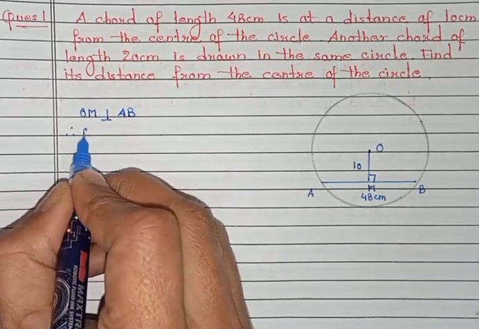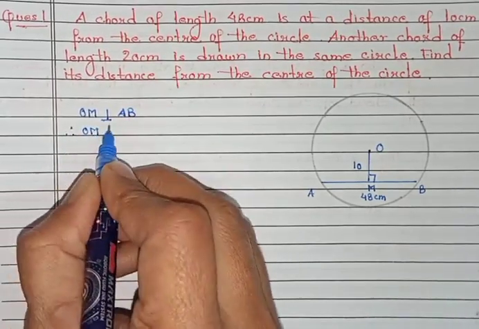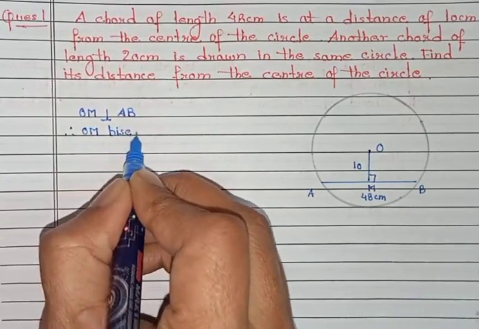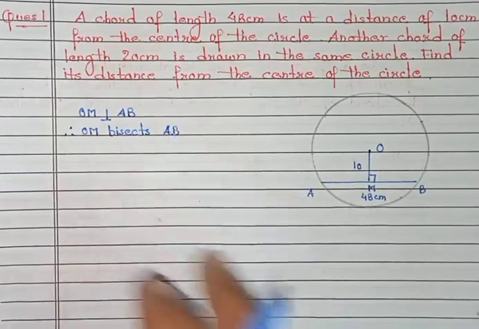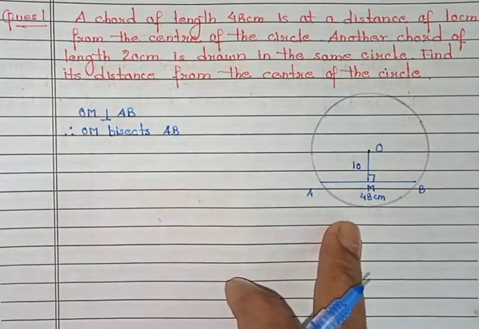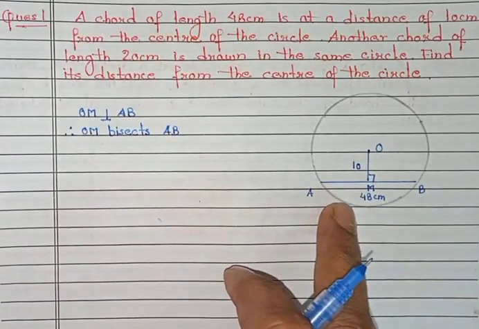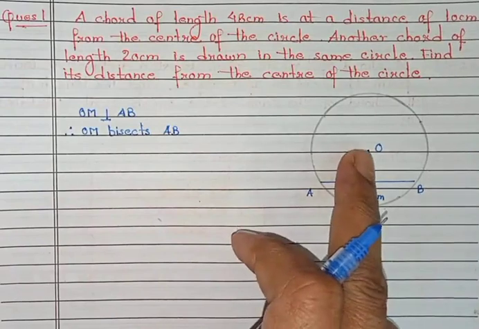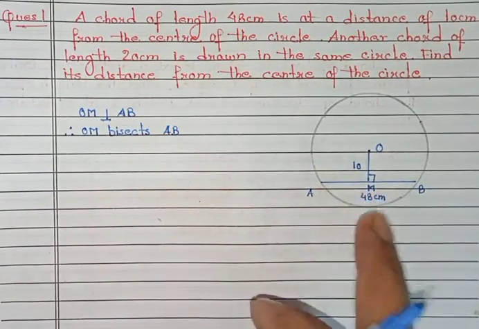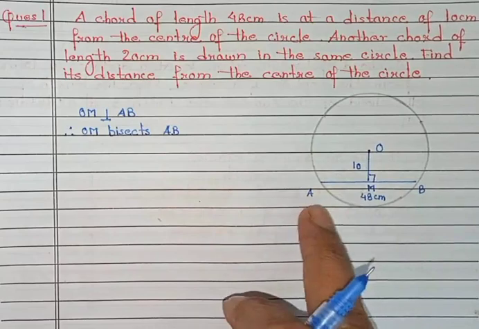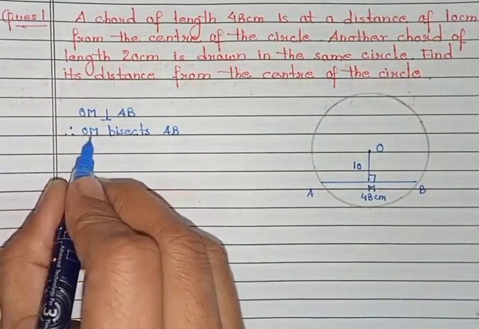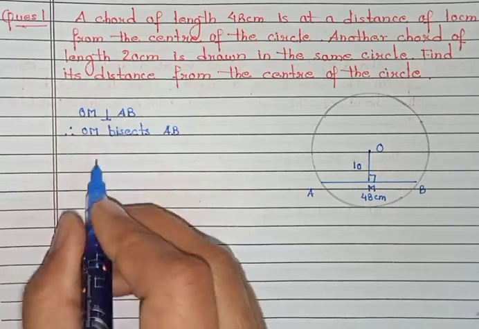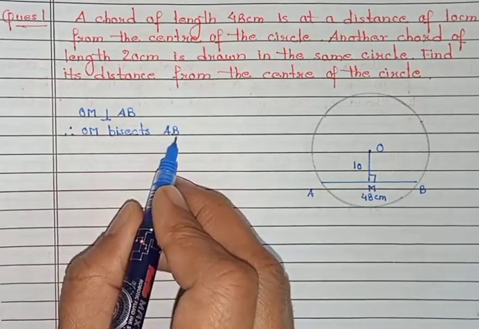Therefore, OM bisects AB. You must be knowing this theorem that whenever you drop a perpendicular from center onto the chord, then that perpendicular will always bisect the chord. So here OM is perpendicular to chord, so OM bisects AB.